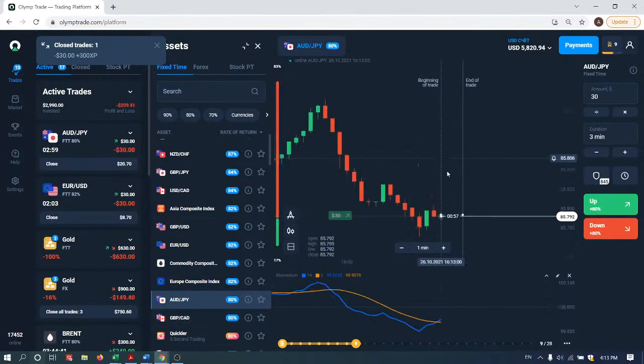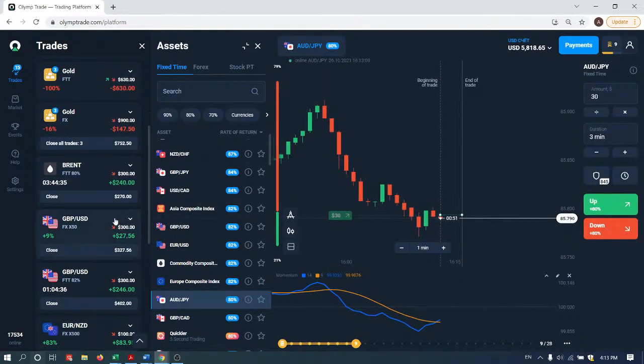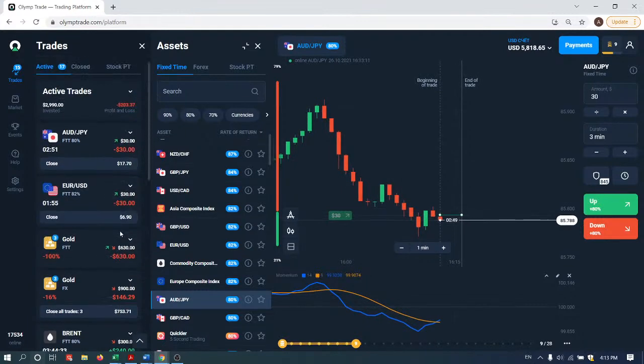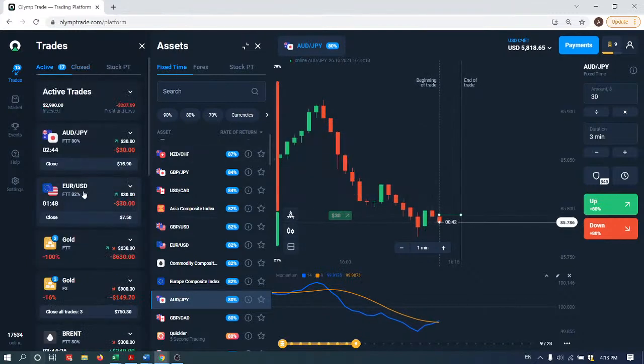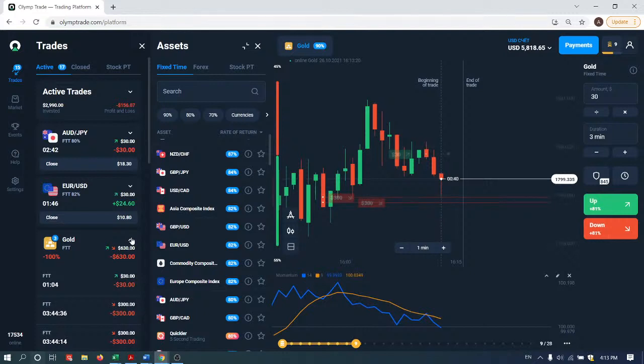Just like here, AUD JPY, a trade in the upwards direction. So I had 2 winning trades and 2 losing trades so far. All right. So gold.